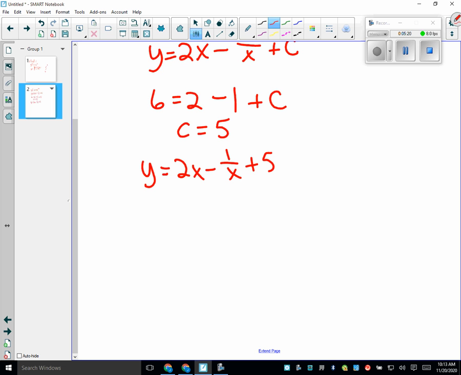Right? And what is x this time? 3. And solve for y. Does that make sense to you? That makes sense. Wait, hold on. After we find that, now we're at x equals 3, right? We're going to find y. Okay.